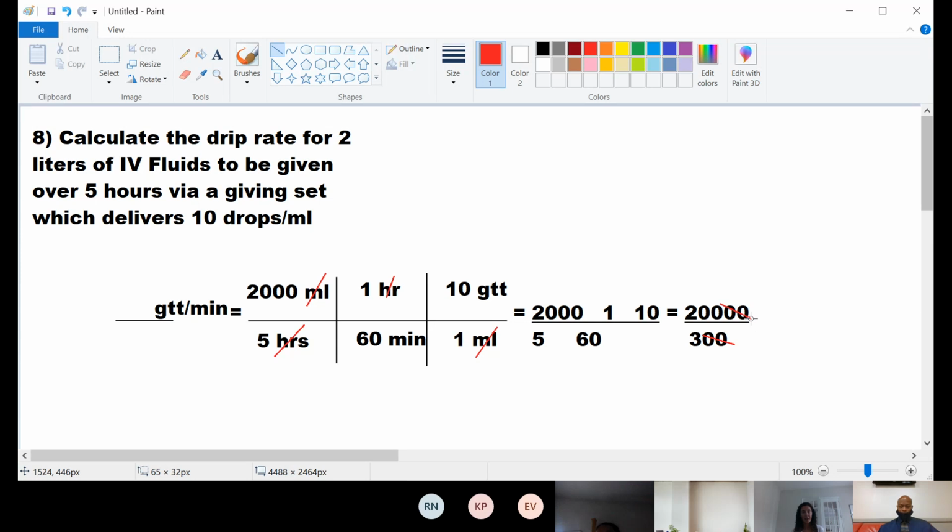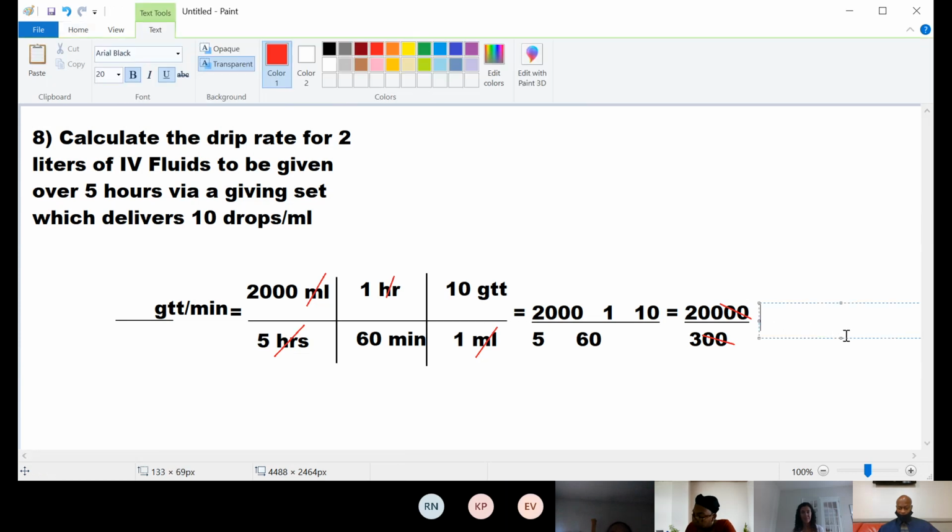That leaves us with 200 divided by 3, which equals 66.6, and it would be 67 then. Very good. In our case, we're rounding that up to 67 GTT per minute.